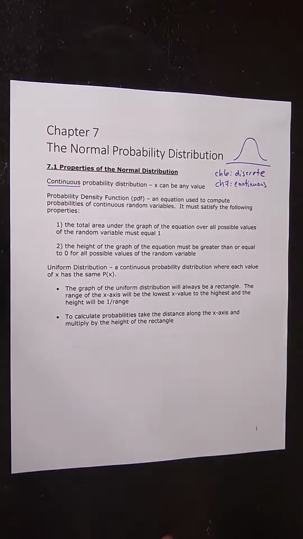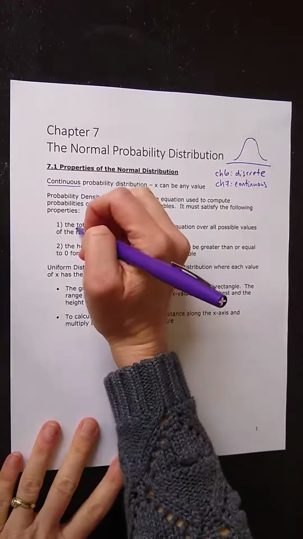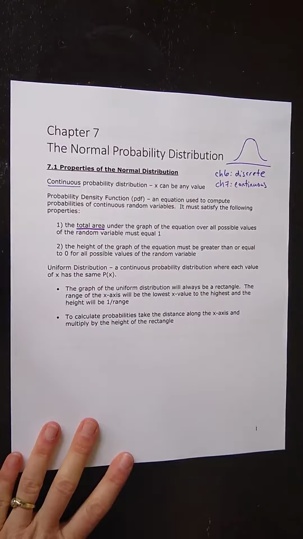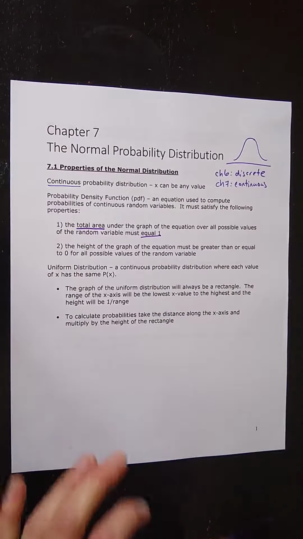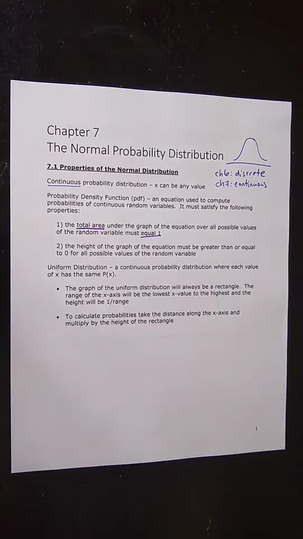A probability density function is an equation used to compute probabilities of continuous random variables, and it must satisfy the following properties. These are a little bit familiar. The total area under the graph of the equation over all possible values of the random variable must equal 1. That's going to the idea that all the different probabilities that can happen have to add up to 1.